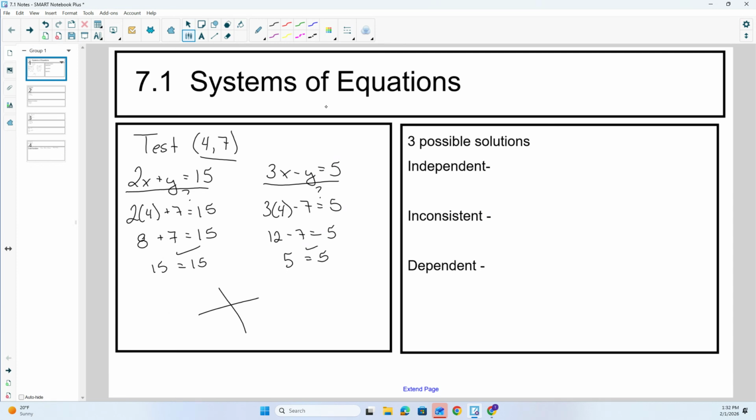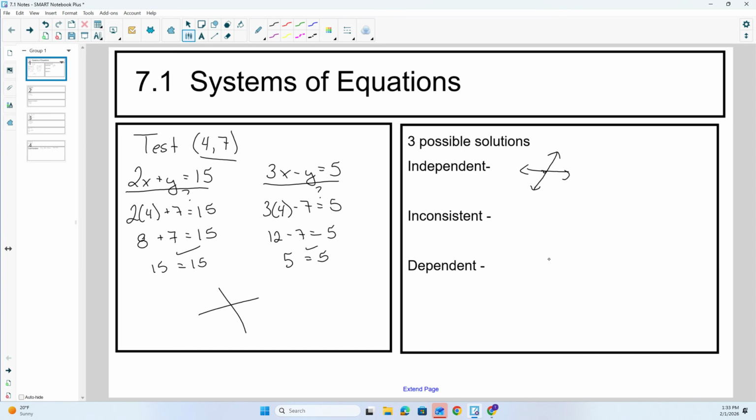So when we're testing systems of equations, we think about 3 different possible solutions. The first one is independent. Really we're going to think of this as 1, none, and infinity. Independent means there's one solution, and it looks something like this, where you have 2 lines, and it crosses at one point.